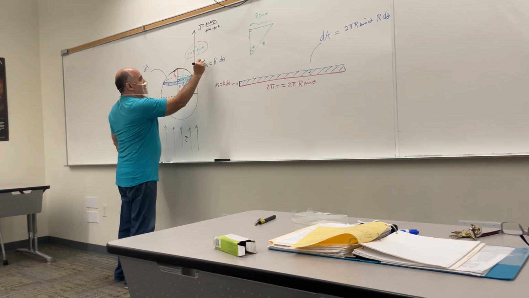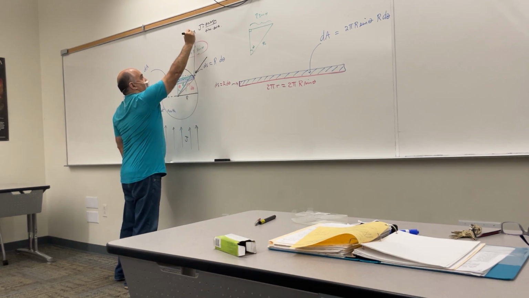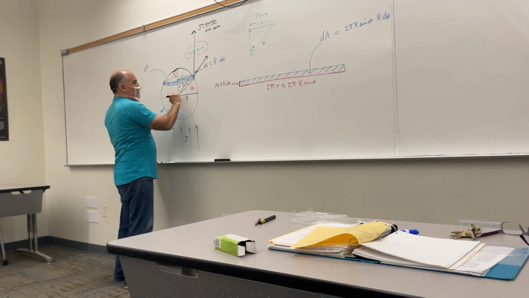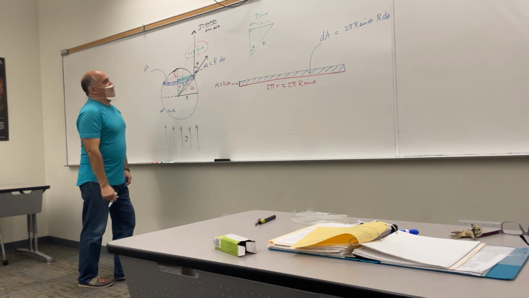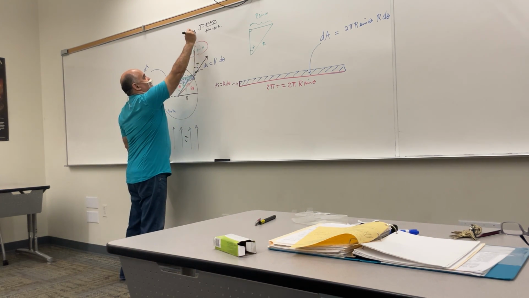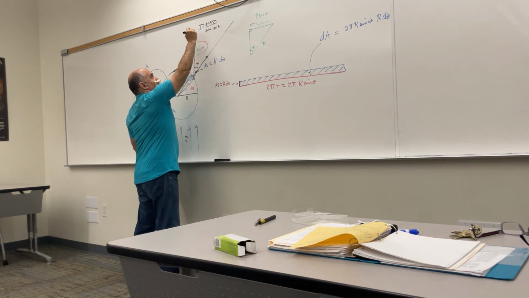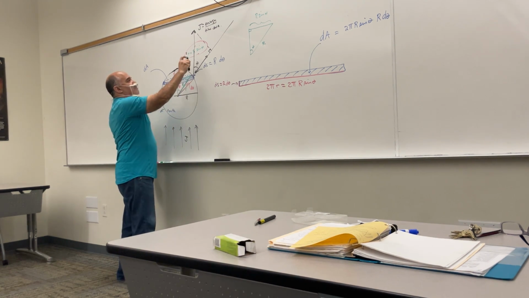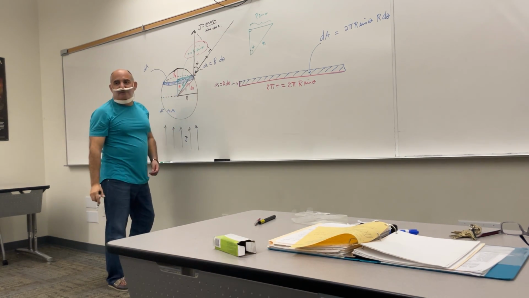I'm drawing it like this now, but if the energy is going out, it should be going out this way. But this is the vertical, going this way, right? So this is theta. What I want is the component of J onto this axis, perpendicular to the surface. So it should be J, adjacent to this angle theta, cosine of theta.